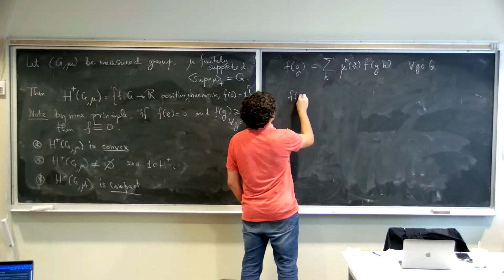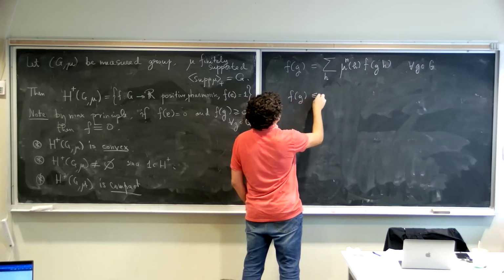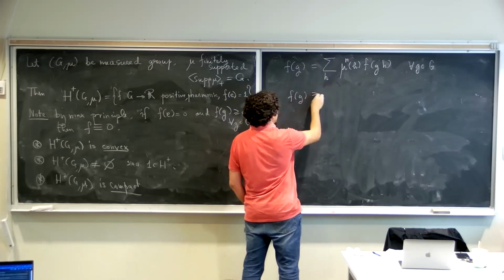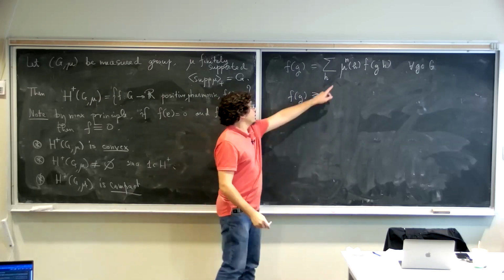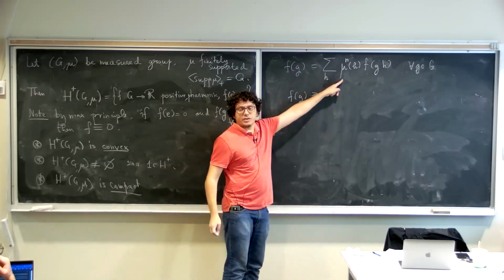In particular, f of g is bigger or equal than each term, because this is a sum of positive terms.